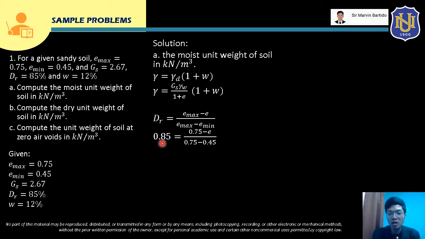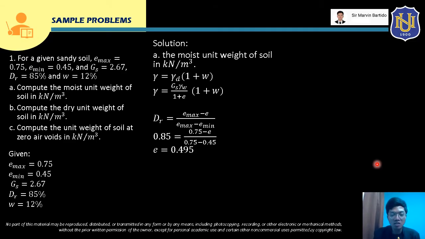From here we can solve for E. Solving for E, this will give us 0.495. Try computing that using your calculator. Double check, okay, that is 0.495.